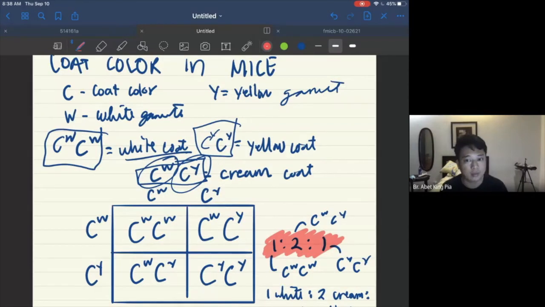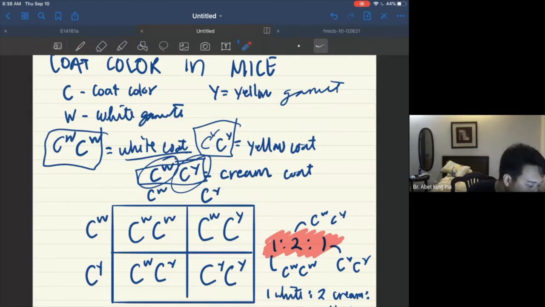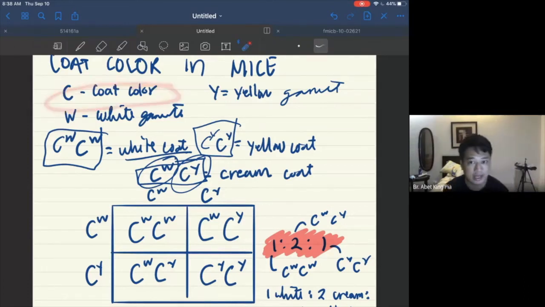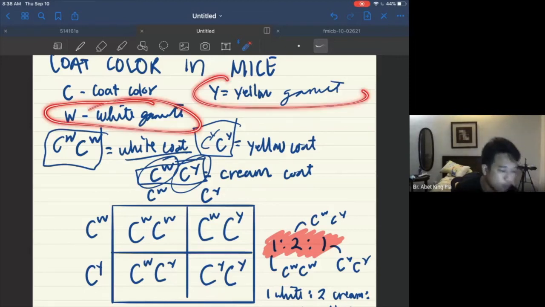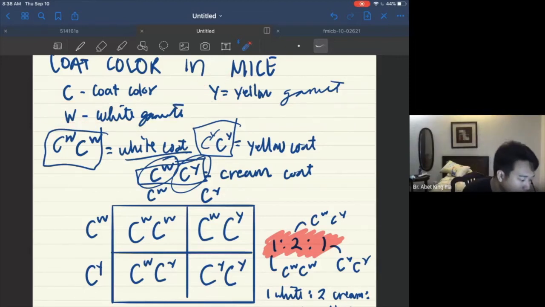And just to explain bakit yun yung sagot, you will see here na yung coat color, ginamit ko lang yung letter C. Then, for the white gamit, W, of course, and Y is yellow. Now, ito yung gamit or yung genotype for the white coat, and the genotype naman, this one, as highlighted, is the genotype for the yellow coat.